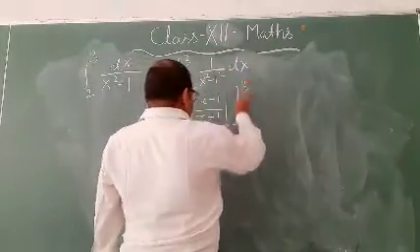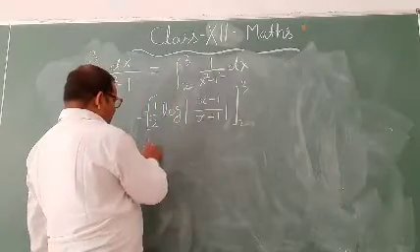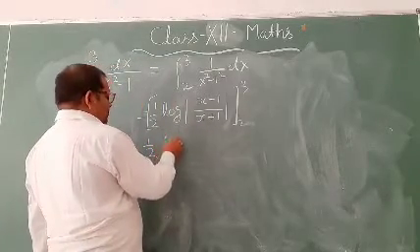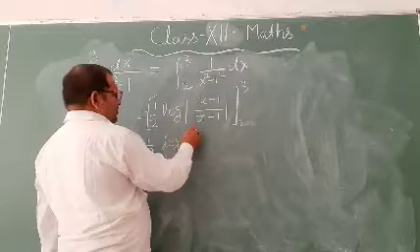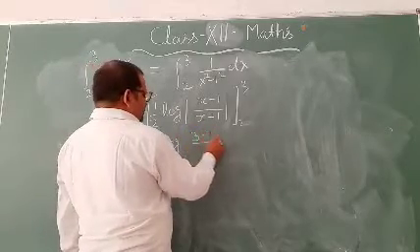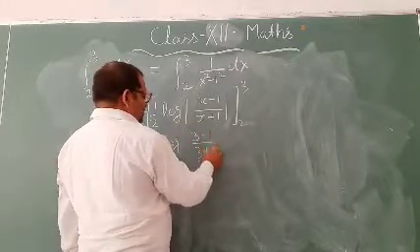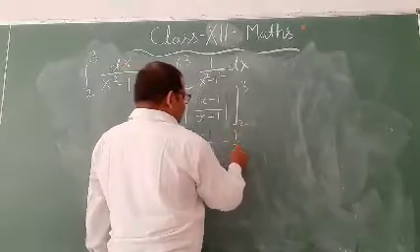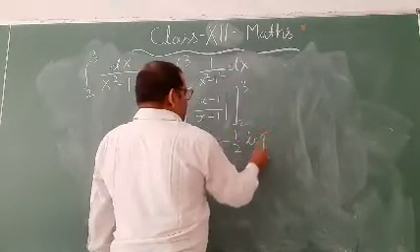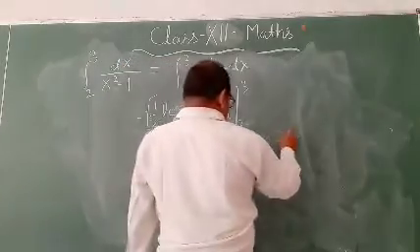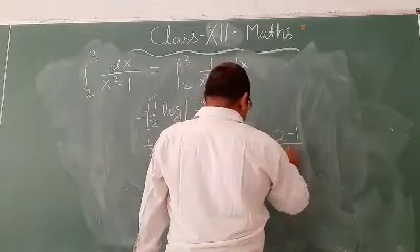From 2 to 3: 1 by 2 log of (3 minus 1) upon (3 plus 1) minus 1 by 2 log of (2 minus 1) upon (2 plus 1).